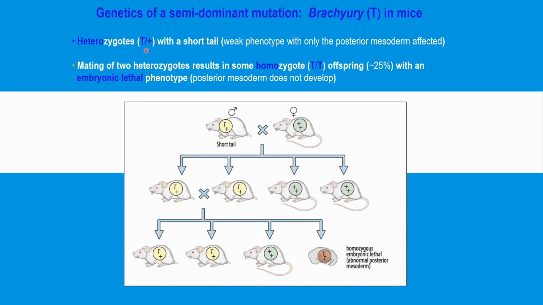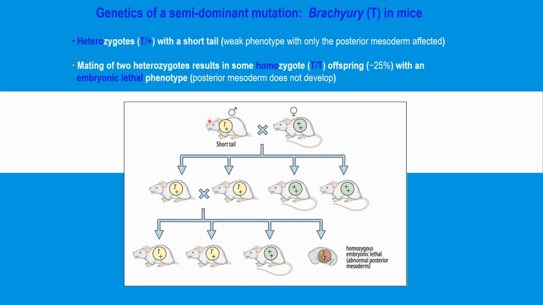And here we have a more detailed overview of the brachyury semi-dominant mutation and the genetic crossing scheme that I mentioned, where you get 1 in 4 animals being homozygous lethal for the brachyury gene. We can just briefly go through it. Here we have the wild type animal with two copies of the wild type brachyury gene, whereas here we have a short-tailed brachyury heterozygote animal.